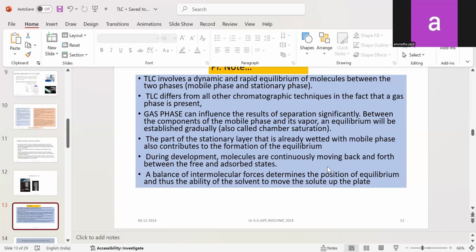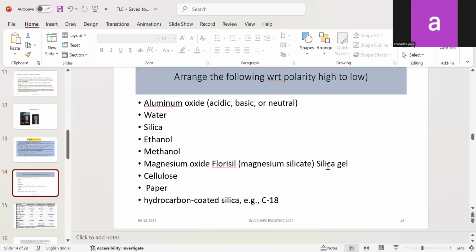And a balance of intermolecular forces is going to determine the position of equilibrium and thus the ability of the solvent to move the solute up the plate. So, selecting a right solvent system and preparing a saturated chamber are the key steps when we talk about the mobile phase of TLC chromatography.